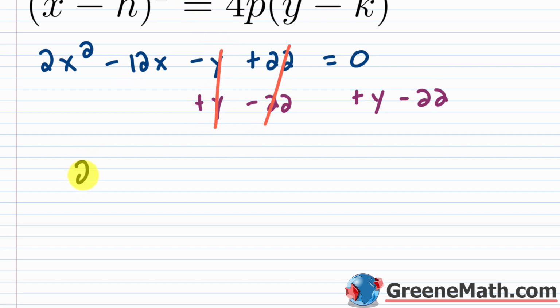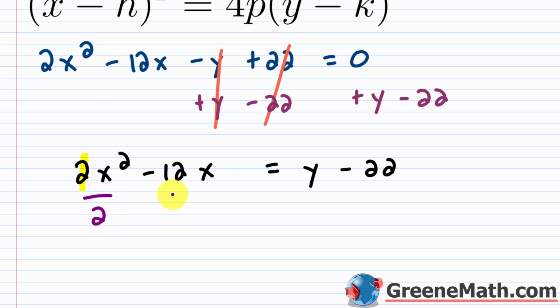So let's say that this will cancel and this will cancel. So we're going to have 2x squared minus 12x, and then this is going to be equal to, over here, y minus 22. Now again, you want the coefficient of your variable that's squared, in this case it's 2, to be a 1. So you can multiply both sides by a half, or you can divide everything by 2. I think it's probably easier just to divide everything here by 2.